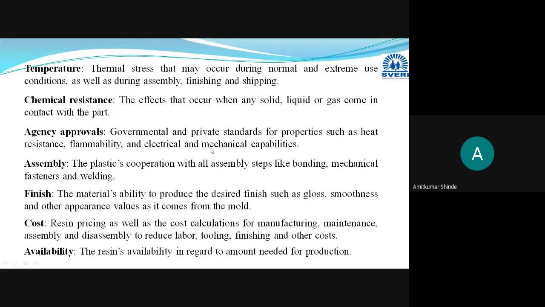Some governments have banned the use of some particular materials, so you have to check whether the government is allowing the use of a particular chemical or resin. Because there may be some emissions while doing the processing, or some hazardous byproducts may be manufactured at the end. So whichever material you are selecting, you have to take into consideration whether it is possible to get the government approvals.